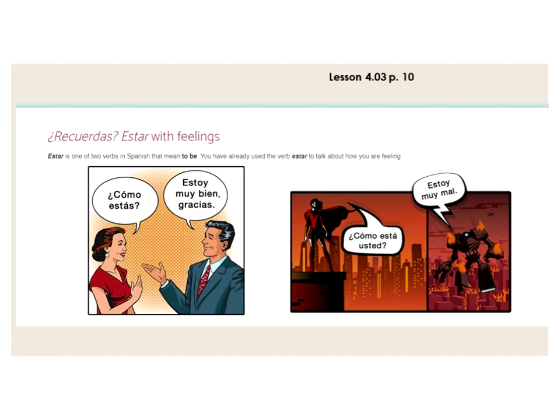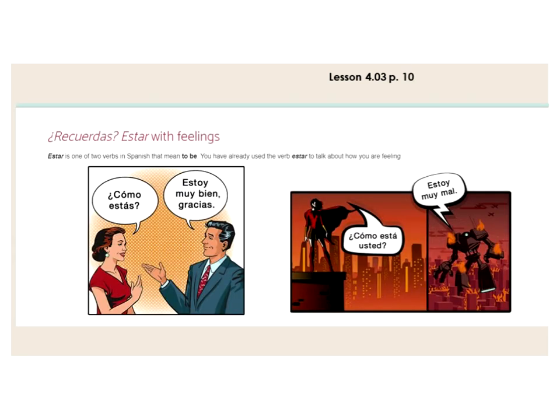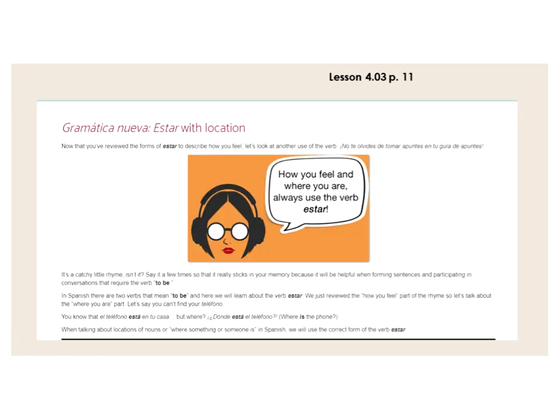So in this lesson, we're learning about the verb estar. In addition to talking about your feelings, if you're good, bad, or sad, however you feel, we can also use estar with location, meaning the table is to the left of the window. The sofa is to the right of the window.